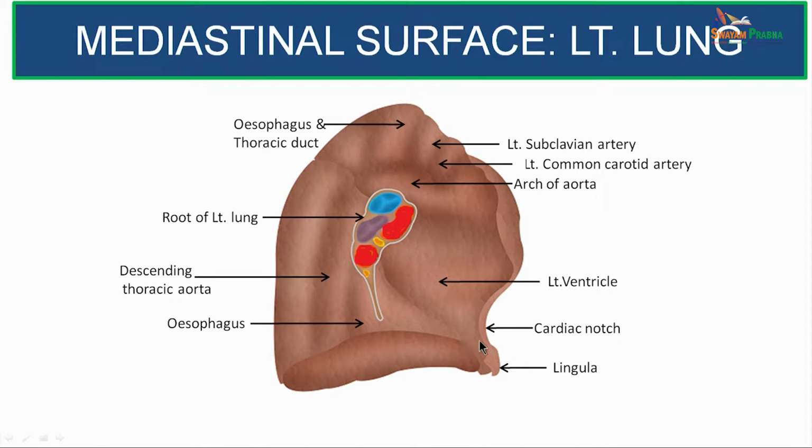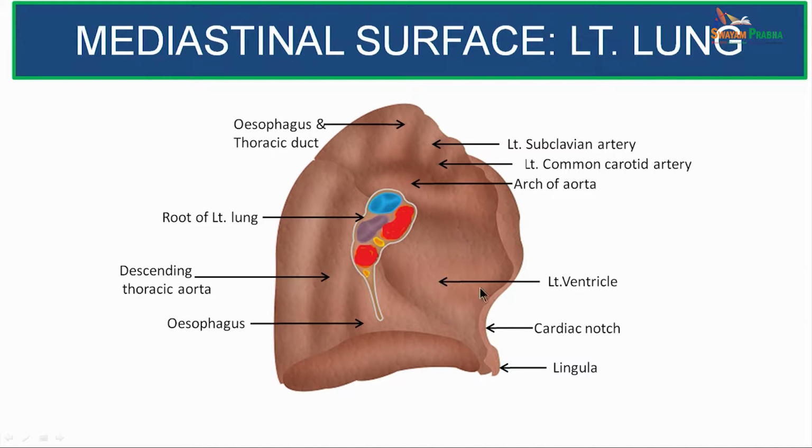Now, coming to look at the mediastinal surface of the left lung, we see the rounded region that represents the posterior part or the vertebral part, and the conspicuous region is the hilum of the lung, which consists of the openings of the bronchus, the pulmonary artery and the pulmonary veins.